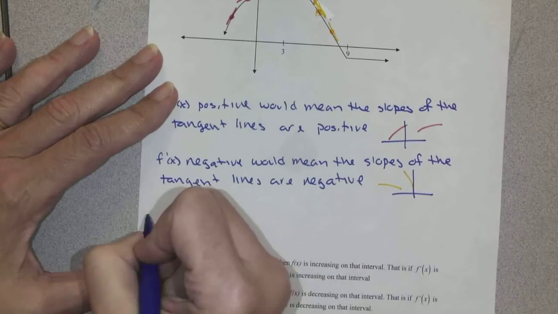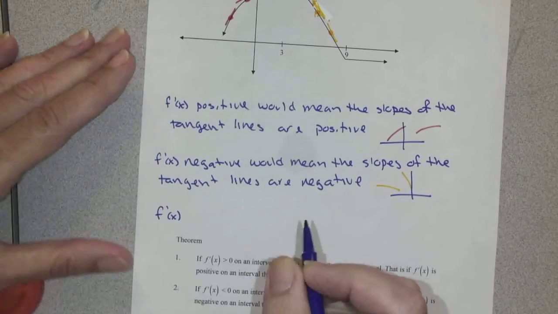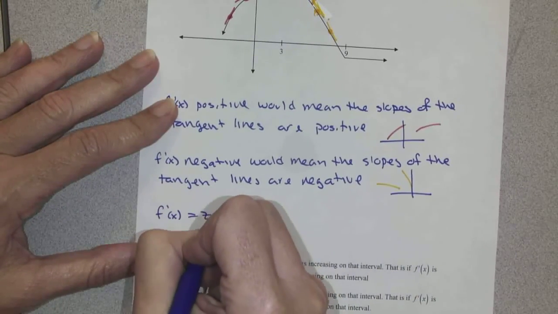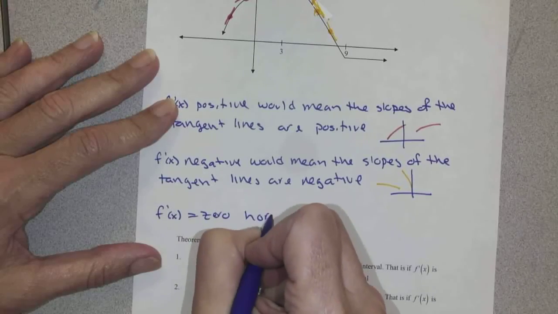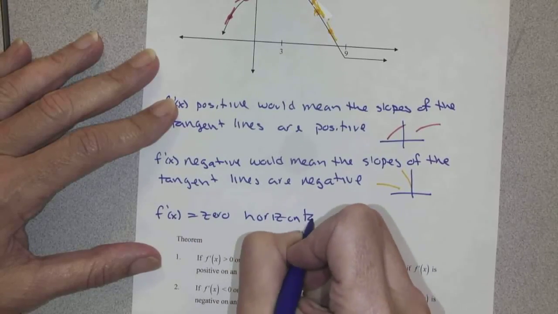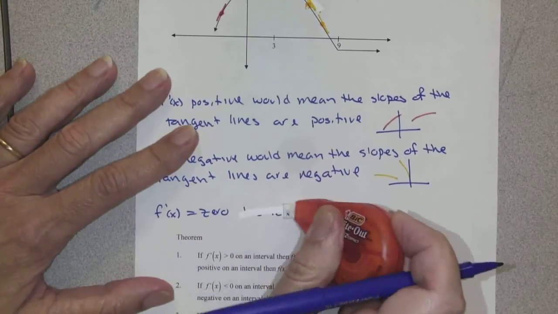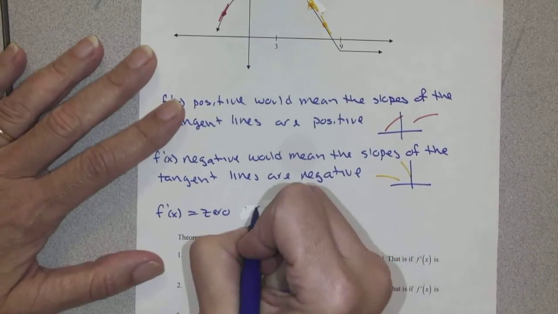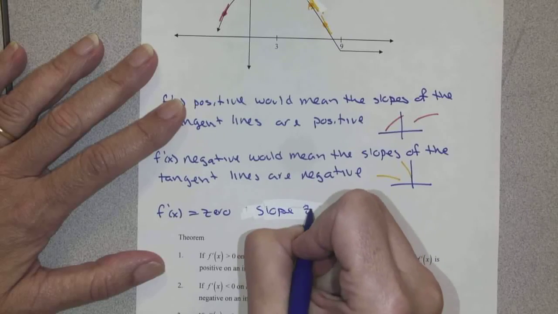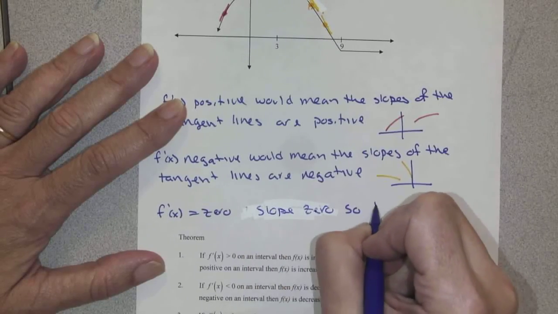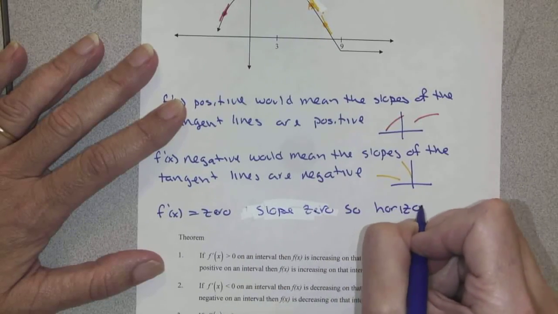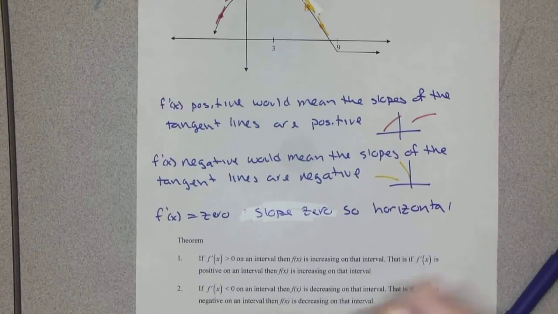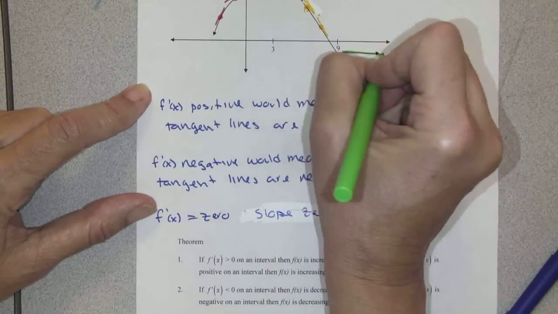And lastly, f prime of x equals 0, well, that'd mean horizontal. Slope 0, so horizontal. So here.